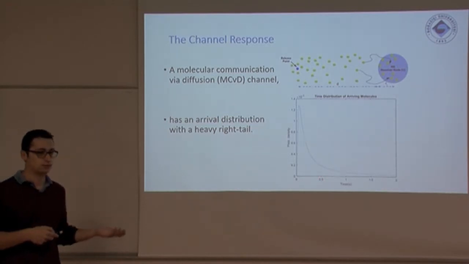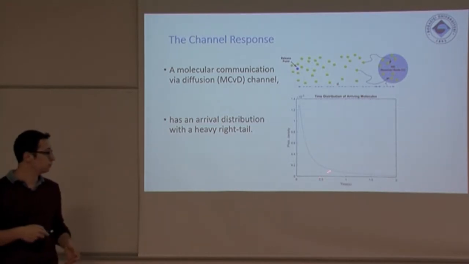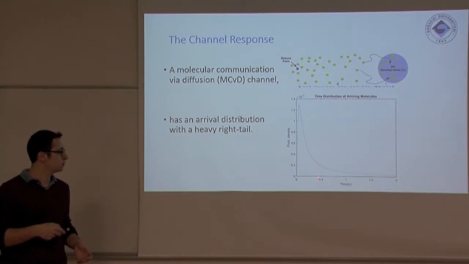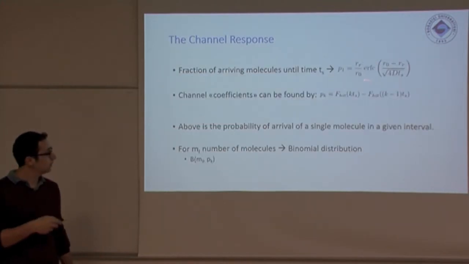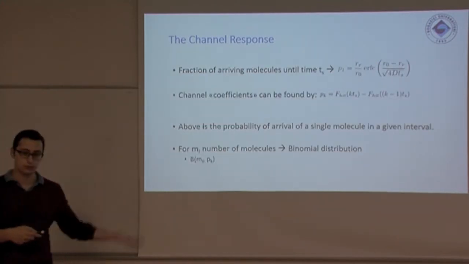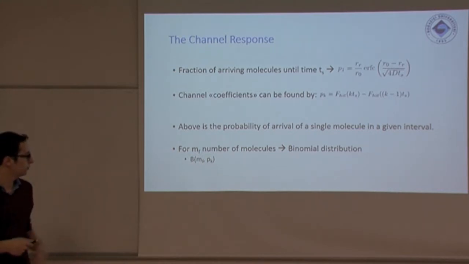For example, if we have a symbol duration of 0.5 seconds, the first channel coefficient is the area under this curve up to point 0.5. The second one is this area, so we can find it by subtracting the expression at Ts equals 0.5 from Ts equals 1, and so on.